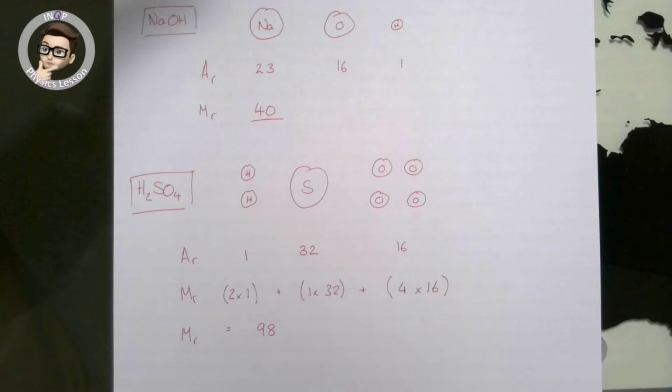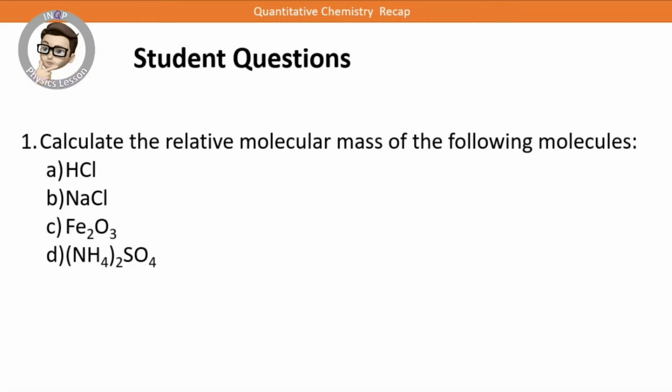Okay, so I have some questions for you to have a go at now. The 4 questions are: number 1, part A, HCl, hydrochloric acid. Part B, NaCl. Part C, iron oxide, Fe2O3.